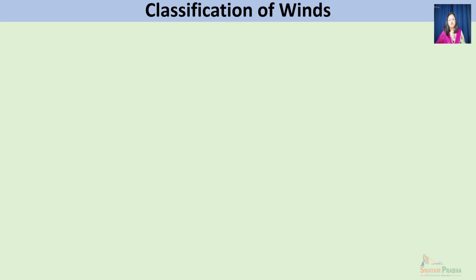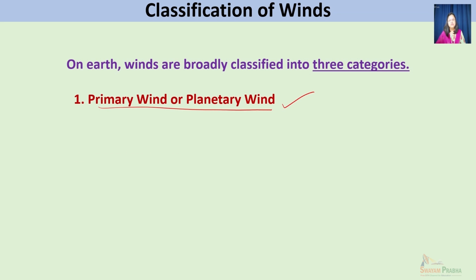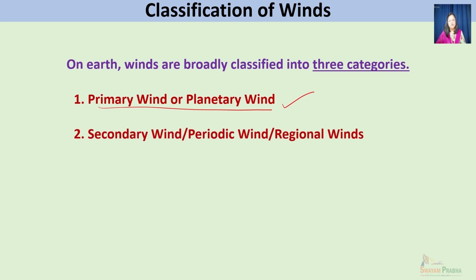Starting with the classification of winds. When we were discussing the planetary wind system, we already discussed that winds are broadly classified into three categories. First category is the primary winds or planetary winds, which we have already discussed. Second one is the secondary wind system, which is also called periodic winds or regional winds.